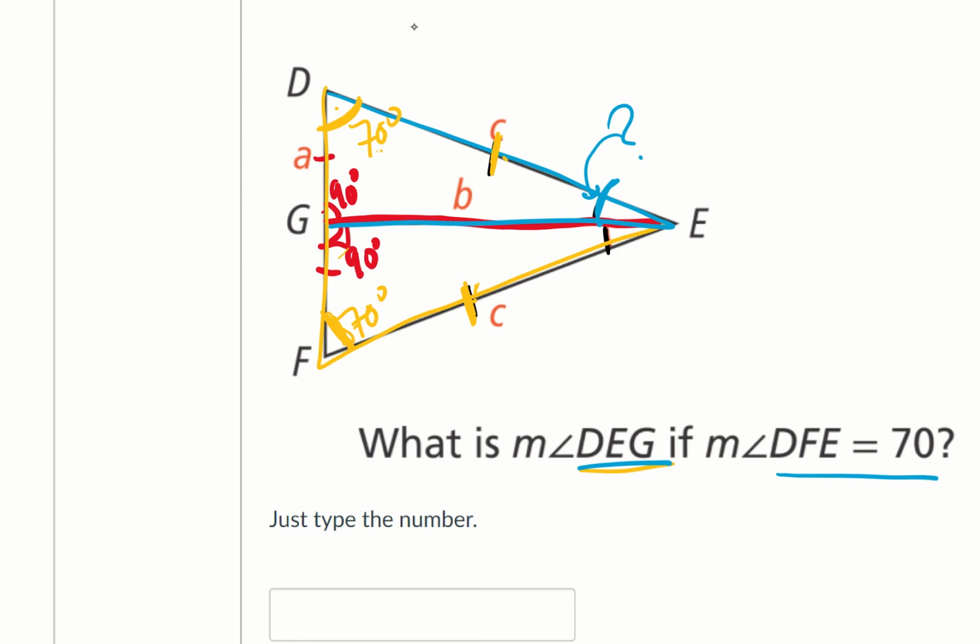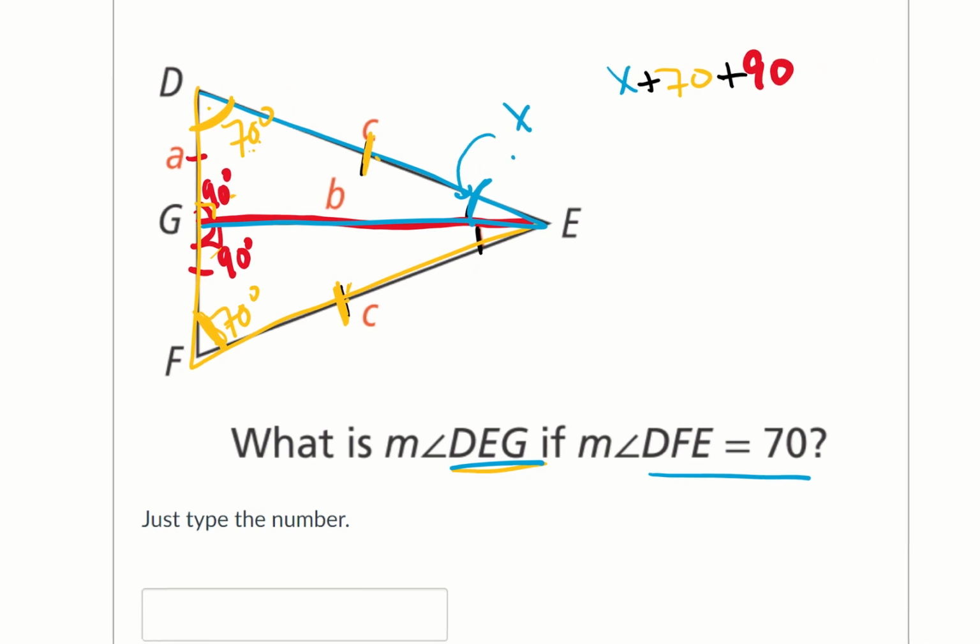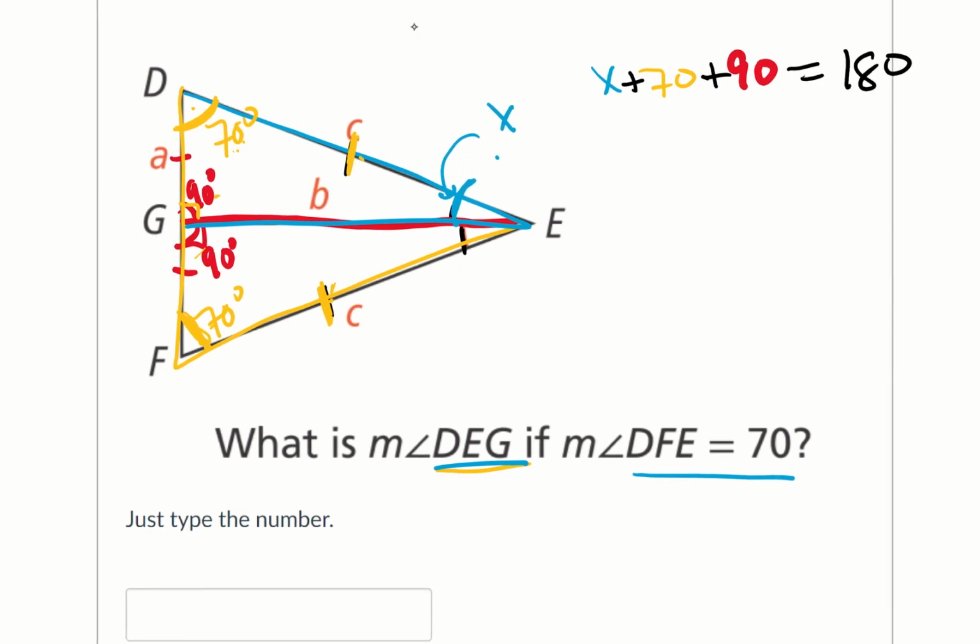So now because this is 70 and we have 90 here, 70 plus 90 plus question mark is going to be equal to 180. So let's call this question mark x. So we have x plus 70 plus 90 equals 180. And so 70 plus 90 is 160.